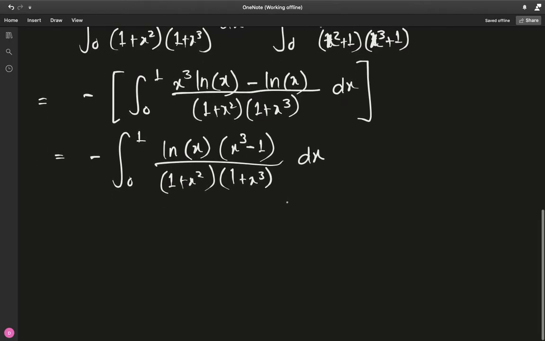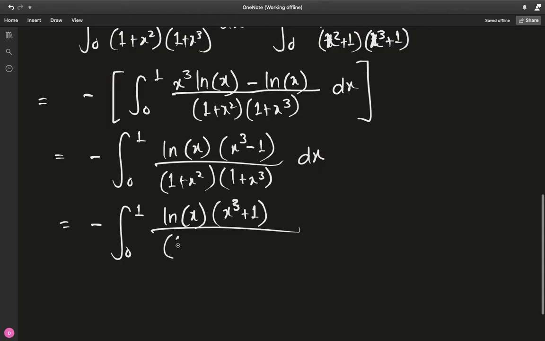So now one motivation we have is to basically get rid of this cubic denominator. The cubics are really annoying. Quadratics are still okay. Cubics, they just eat the flesh out of you. So I'm going to try to mimic the denominator on top. So we have minus integral from 0 to 1 of natural log of x and x cubed plus 1 divided by 1 plus x squared times 1 plus x cubed dx.